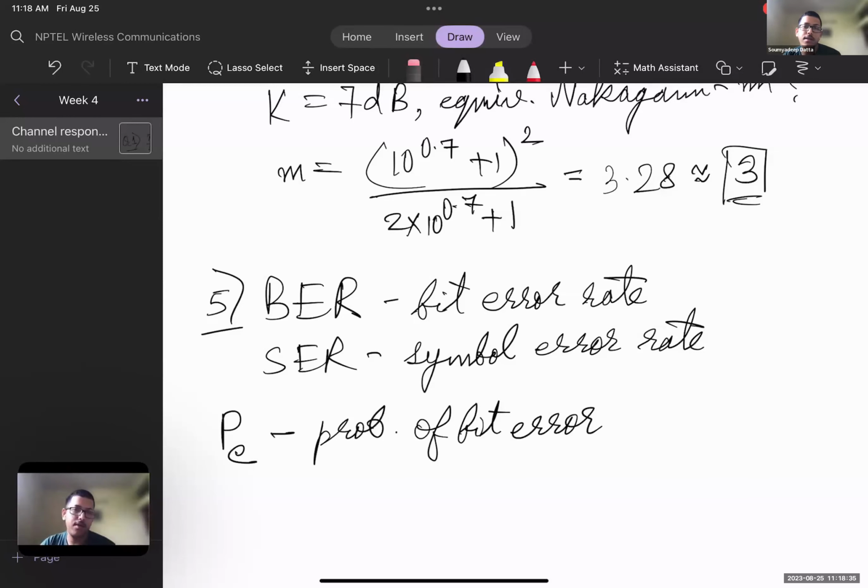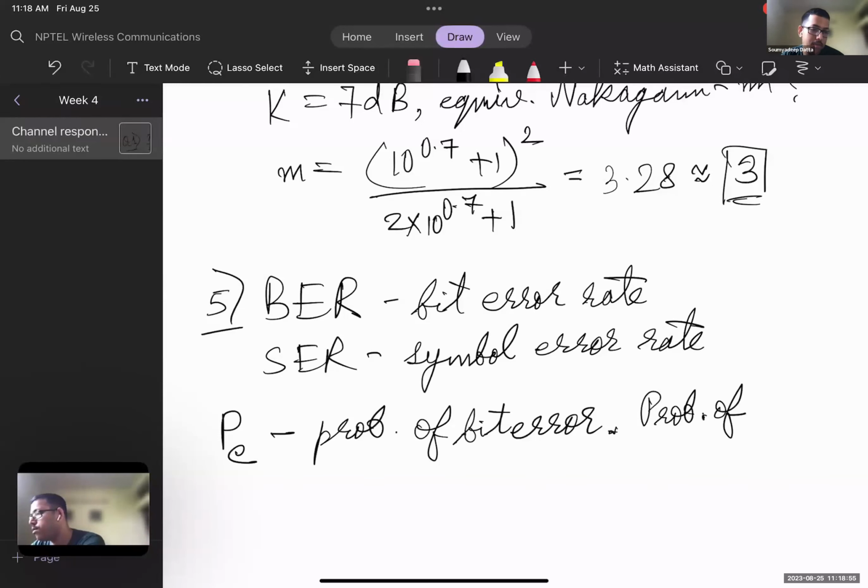So if you send a bit, the probability that it will be received in error, the wrong bit, is PE. If you transmit 0, you will receive 1. If you transmit 1, you will receive 0. It's PE, right?